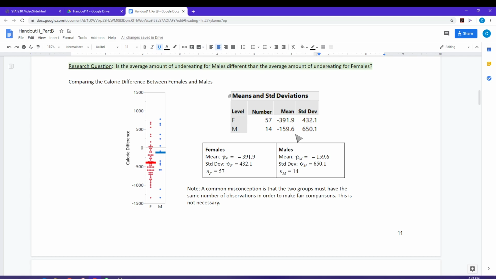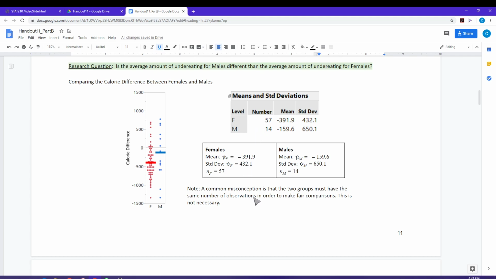One thing that we notice with this data is that the standard deviation is fairly large. In other words, the amount of undereating or even overeating tends to vary a lot from student to student. The other thing is that the number of observations are not the same. We have 57 females and 14 males in this study.